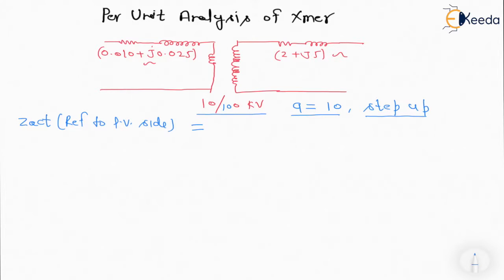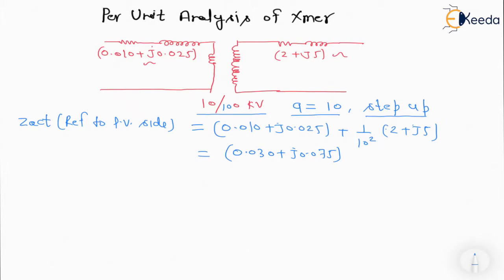So 0.010 plus j0.025 of LV, plus this HV side impedance referred to LV side will decrease by 10 square, 1 upon 10 square, 2 plus j5. So Z actual value we got is 0.030 plus j0.075 ohm, because it is the actual value.